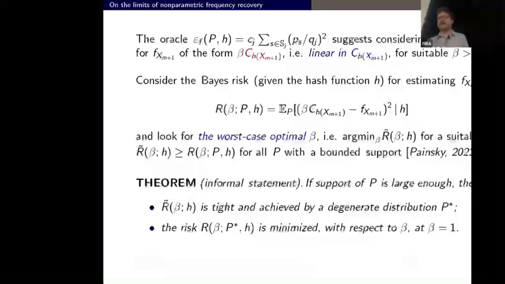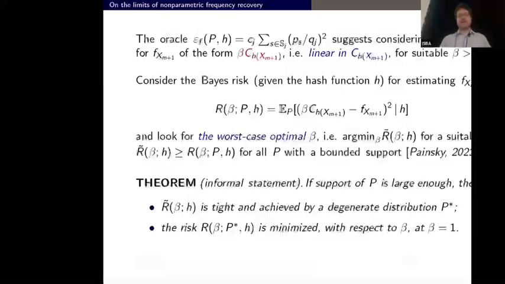It's an informal statement, informal because I'm not placing all the assumptions on P. Roughly, if the support of P is large enough, it can be proved that the upper bound is tight, and this upper bound is achieved by the degenerate distribution P star. And this upper bound is minimized with respect to beta when beta is equal to 1.